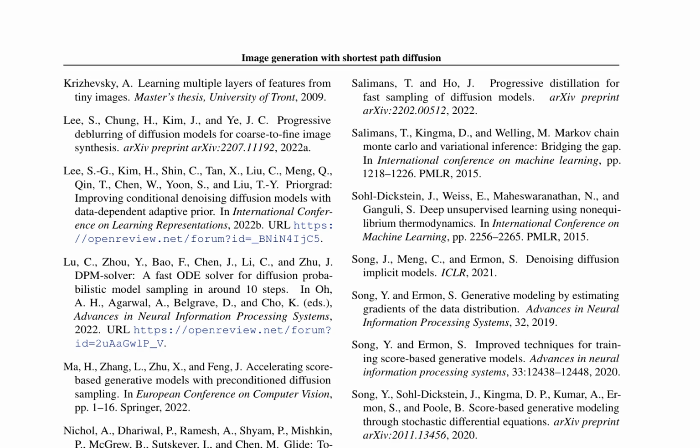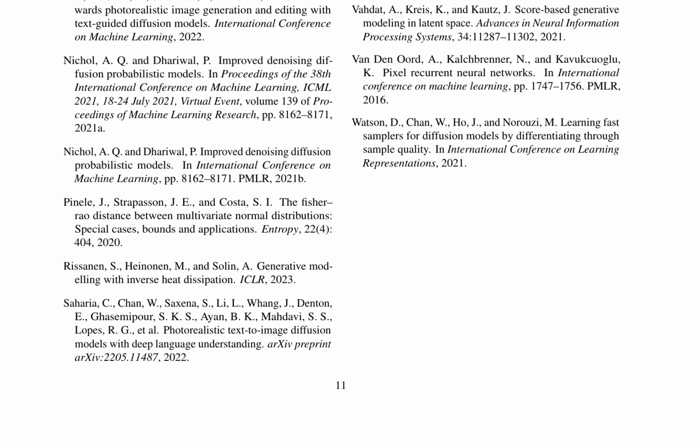Liu et al.'s DPM-Solver, a fast ODE solver for diffusion probabilistic model sampling, has further accelerated the development of diffusion-based image generation methods. Ma et al.'s work on accelerating score-based generative models with preconditioned diffusion sampling has also had a significant impact on the field.